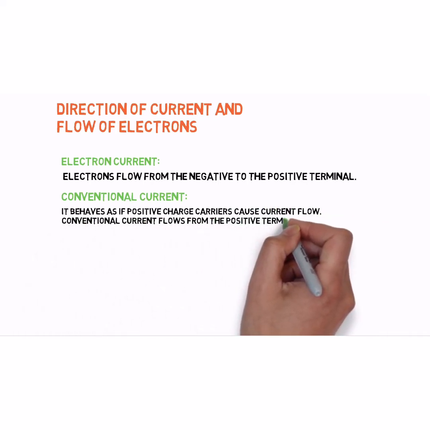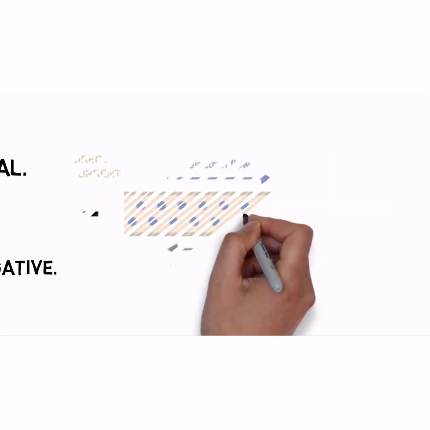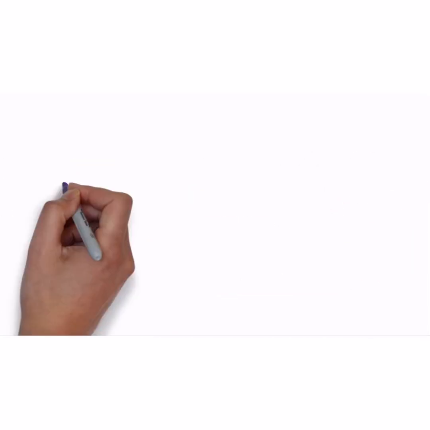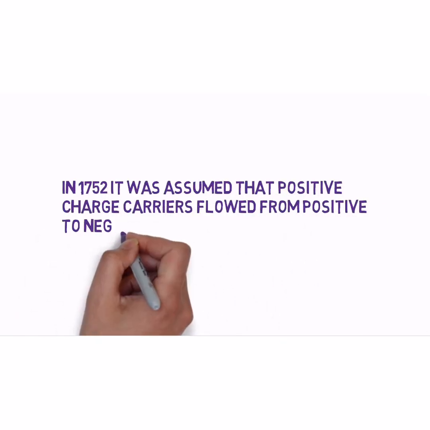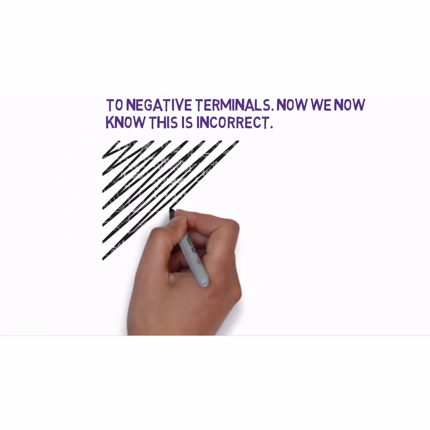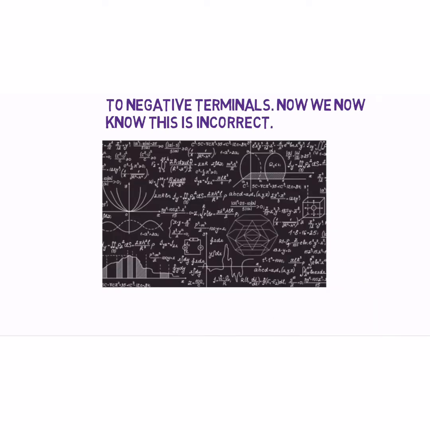Conventional current flows from the positive terminal to the negative. In 1752, it was assumed that positive charge carriers flowed from positive to negative terminals. Now we know this is incorrect. All of the formulas are based around the mistake.